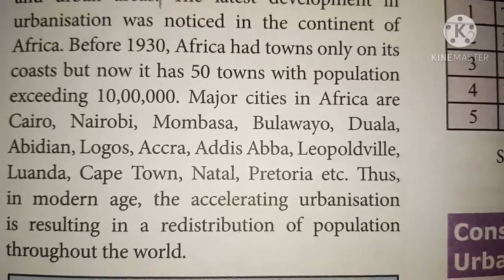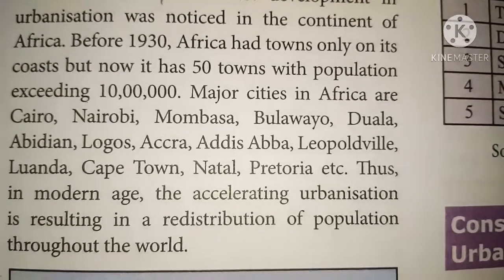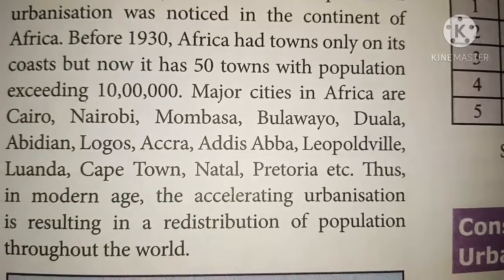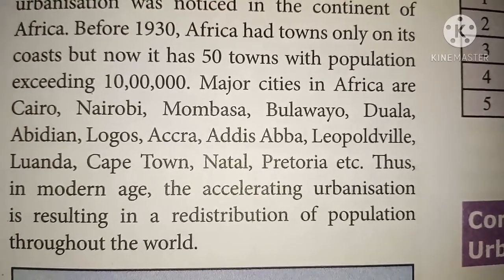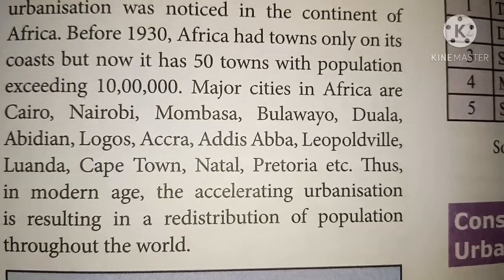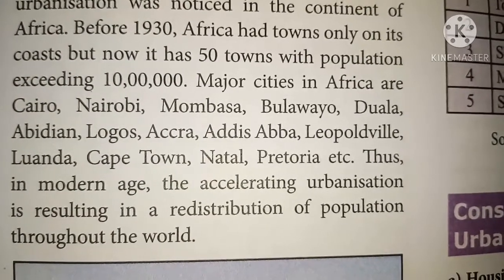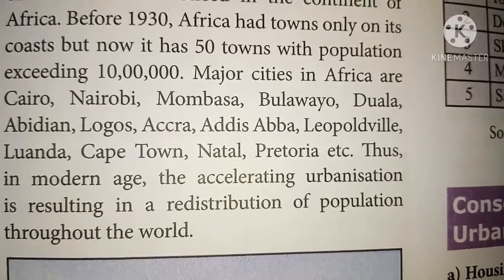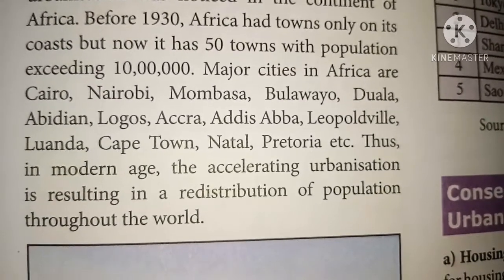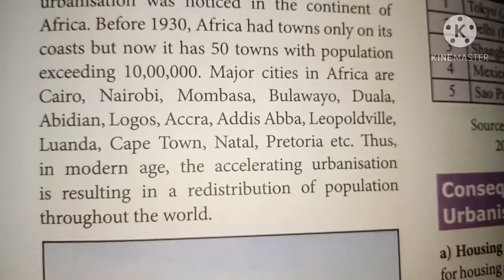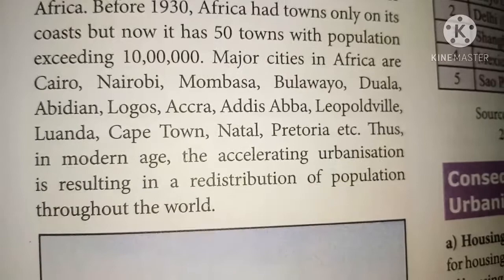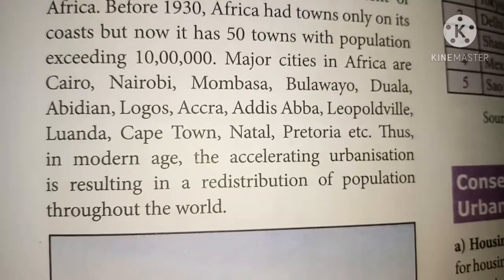Major cities in Africa are Cairo, Nairobi, Mombasa, Bulawayo, Douala, Abidjan, Lagos, Accra, Addis Ababa, Leopoldville, Lusaka, Cape Town, Natal, Pretoria, etc. Thus, in the modern age, the accelerating urbanization is resulting in redistribution of population throughout the world.